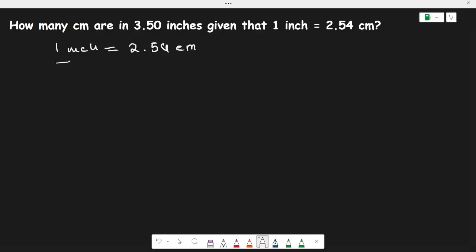So they have given us the conversion factor. And what we're trying to do is to move from inches to centimeters.